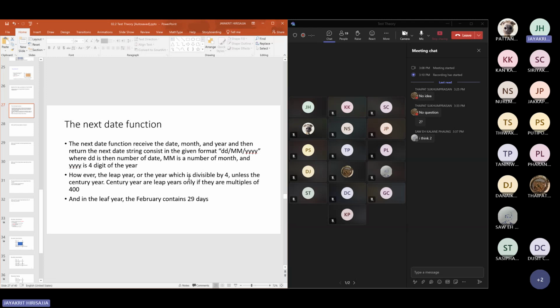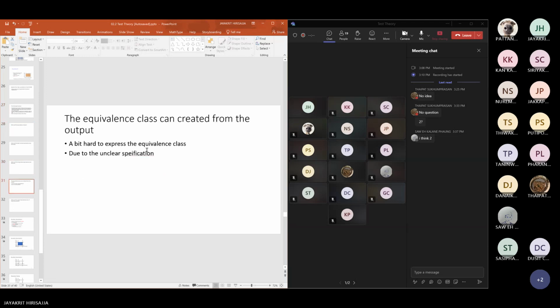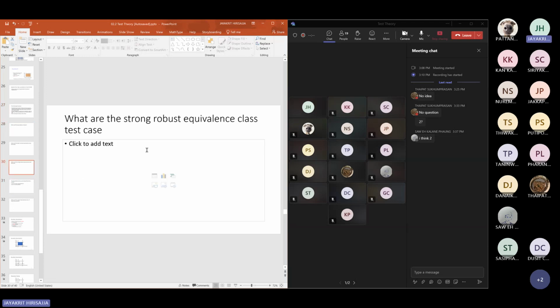That is, how many of it? We should test for the normal year and leap year. That's it. Okay, but you have to write it down by yourself. You need to rethink again.